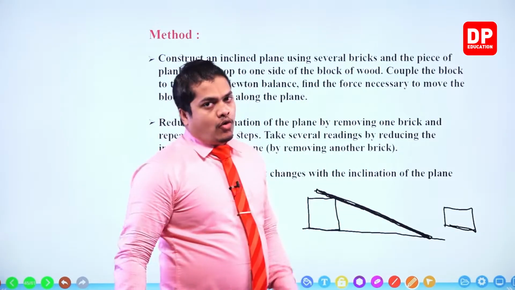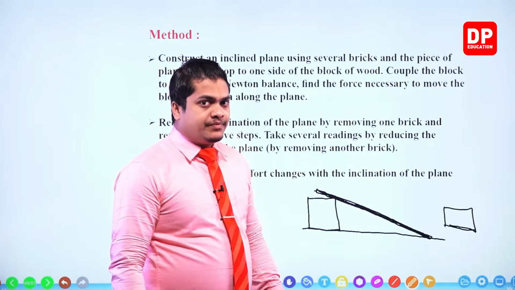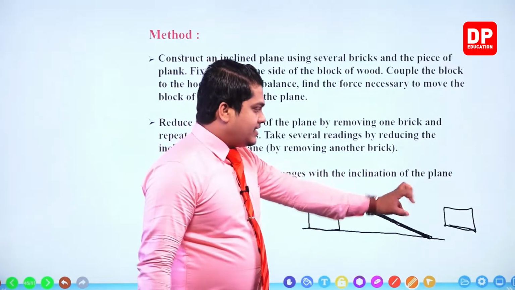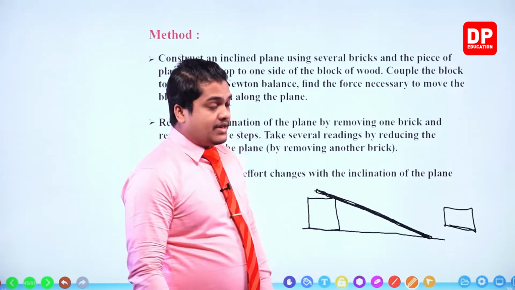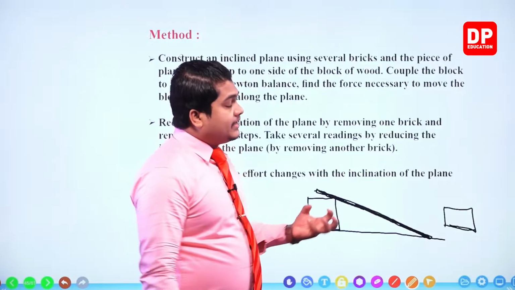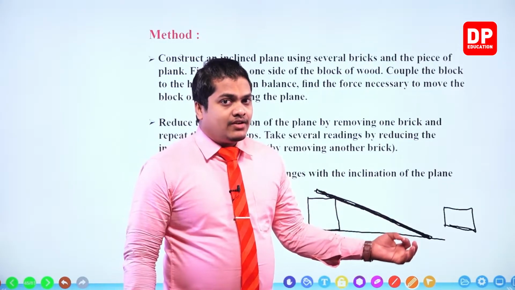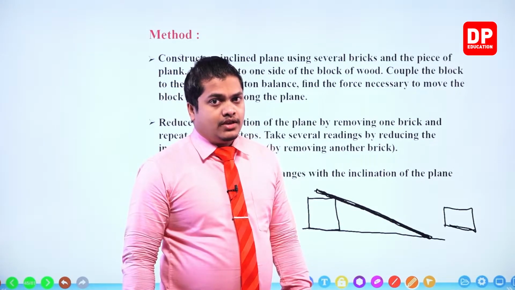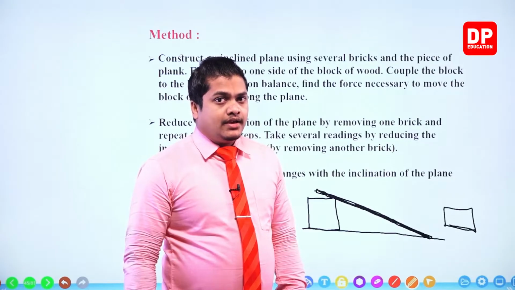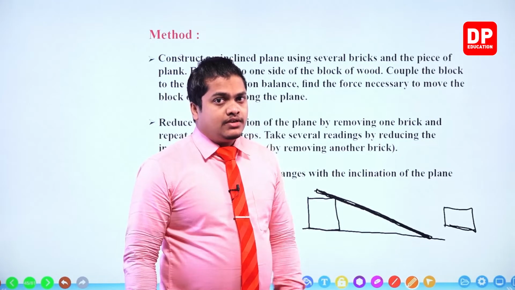So you can get that brick and you can get that thing as the mass. Okay. Or else, my dear children, according to the points given here, you can take the bricks and keep them like this as the support for the inclined plane, and you can get that wooden log as the mass and hang it on the spring balance. Then you can calculate the effort needed to lift it and to drag it along the inclined plane.